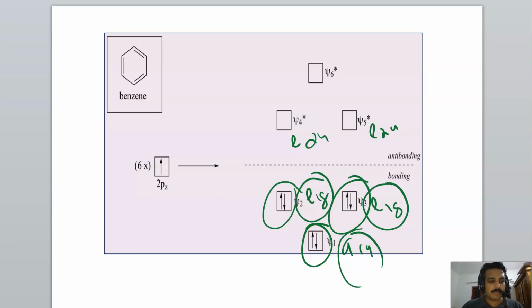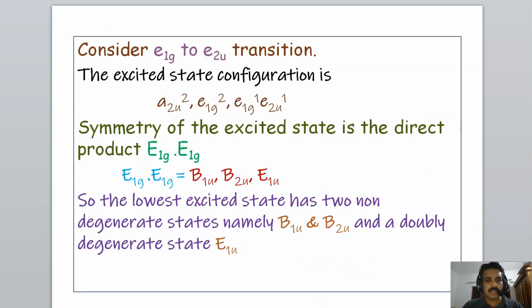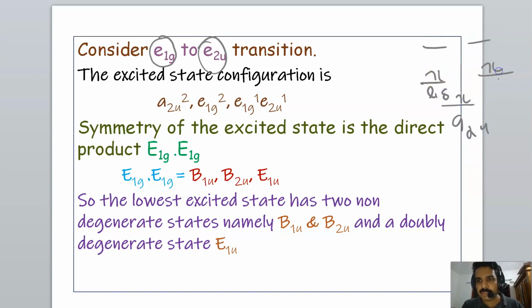Then the lowest energy transition is from E1g to E2u. The lowest energy transition is from HOMO to LUMO, that is, this E1g level to the E2u level.